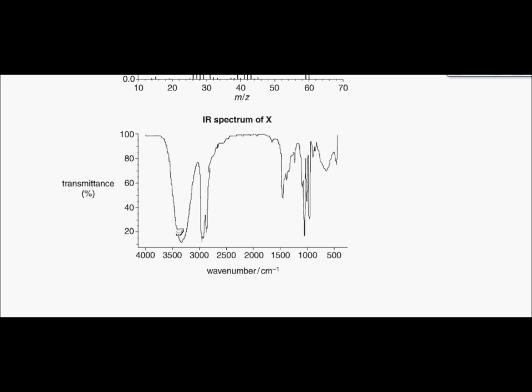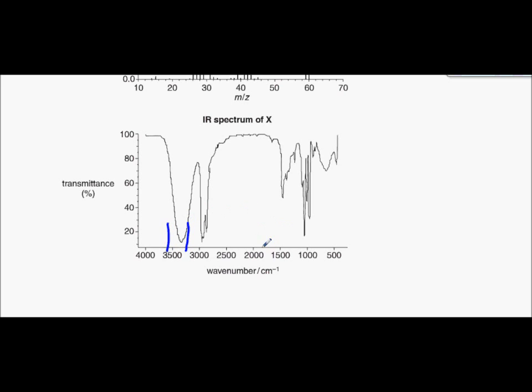Here we can see that our key absorption is in the region between, on your data sheet it says, 3550 and 3300, I think it is, there. And we've got our key absorption there, which is the OH group of an alcohol.